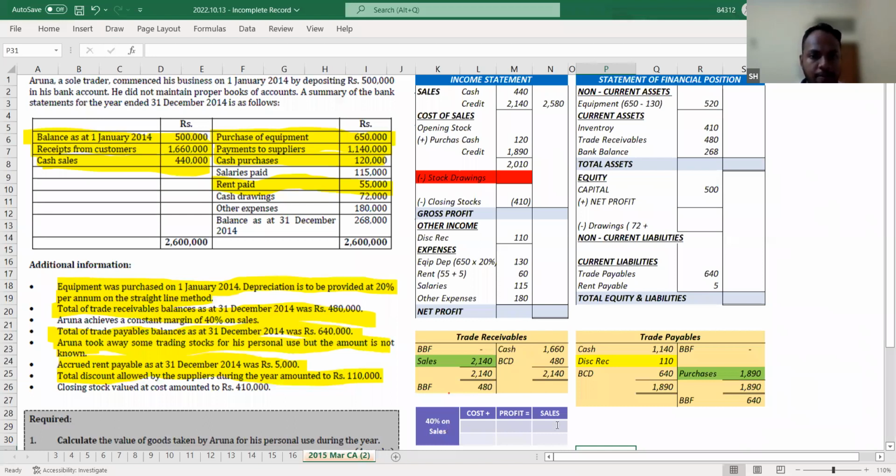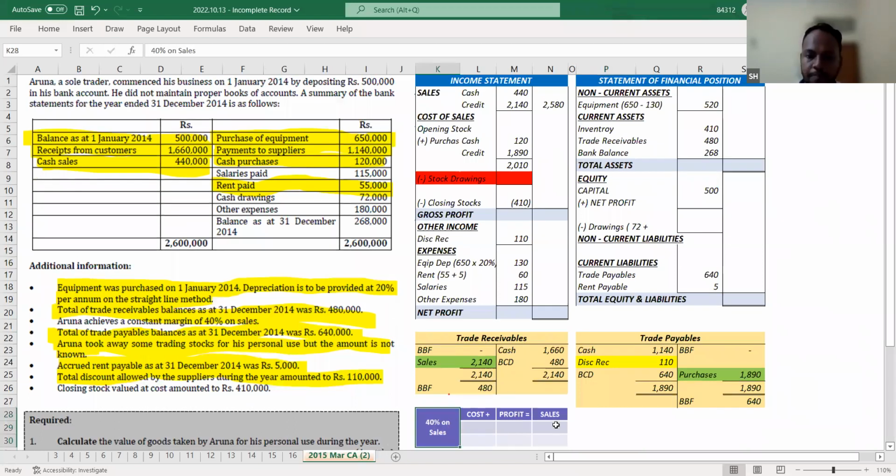So this is 100, profit is 40, this is 60. Now we have the total sales value of 2,580. So 2,580 divided by 100 into 40 is 1,032. Gross profit is 1,032.